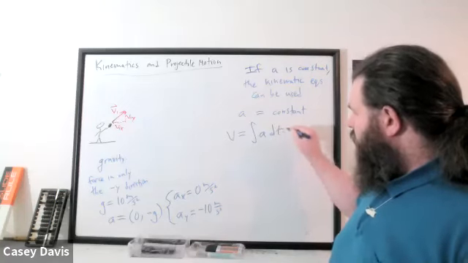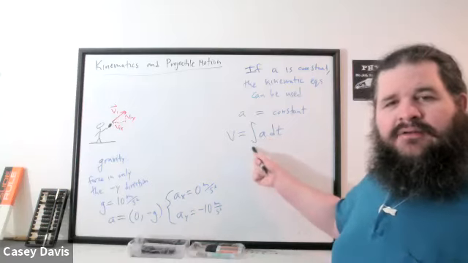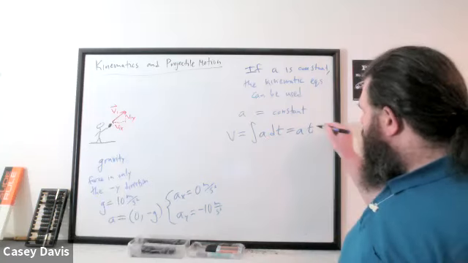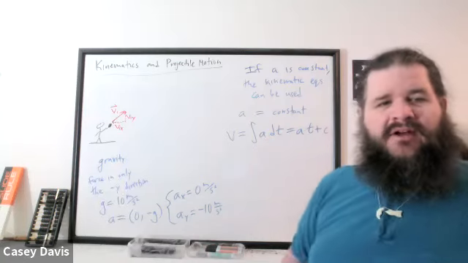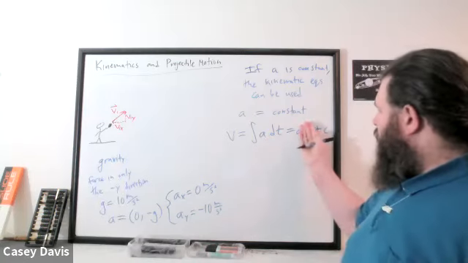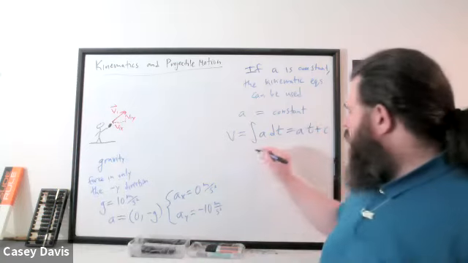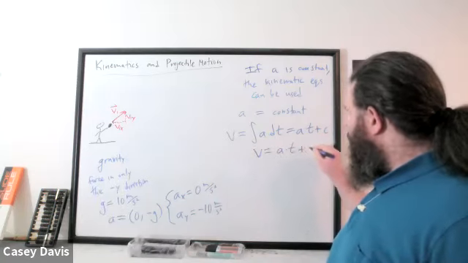Take the integral. Yes, velocity is the integral of acceleration because acceleration is the derivative of velocity. The integral of a constant is that constant times t, plus some other constant because it's an indefinite integral. That constant turns out to be the initial velocity, because if you plug in 0 for t, you get that constant equal to the velocity at time 0. So velocity equals acceleration times time plus the initial velocity.